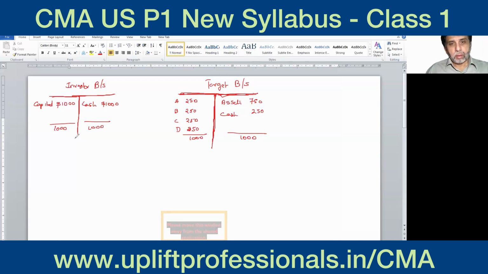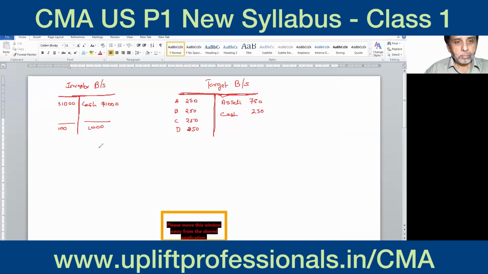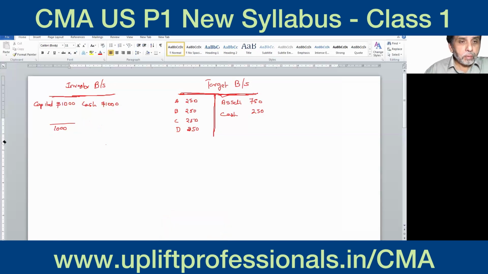Okay. Now I will make a small change in the balance sheet. Before the investor has taken over the company, let him grant a loan to the investee company, the target company.